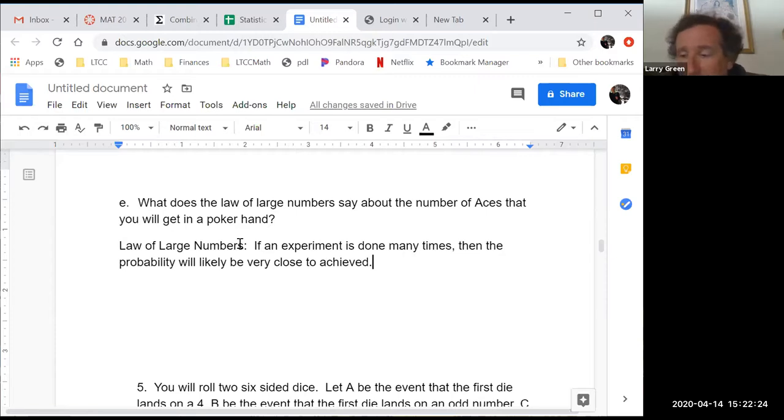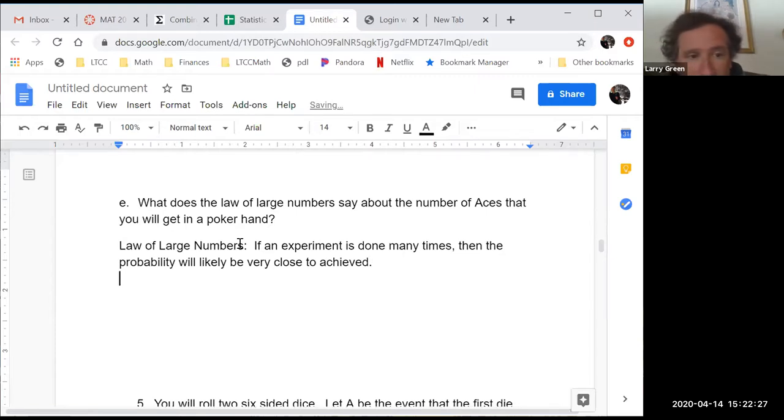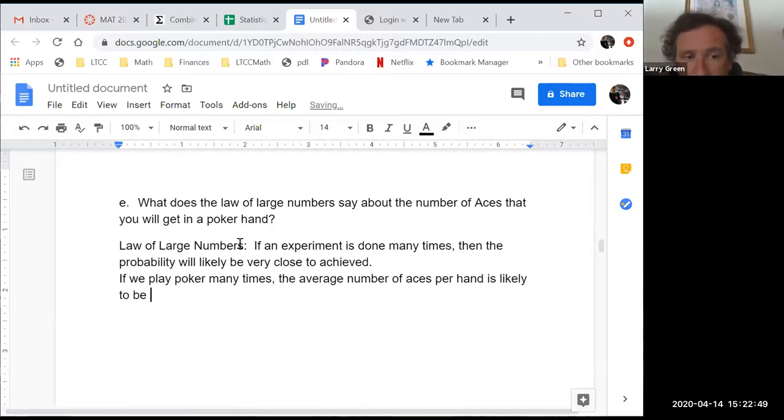But that means that if you play poker many times, the average number of aces per hand is likely to be very close to... So now we're going to think about what's the probability.